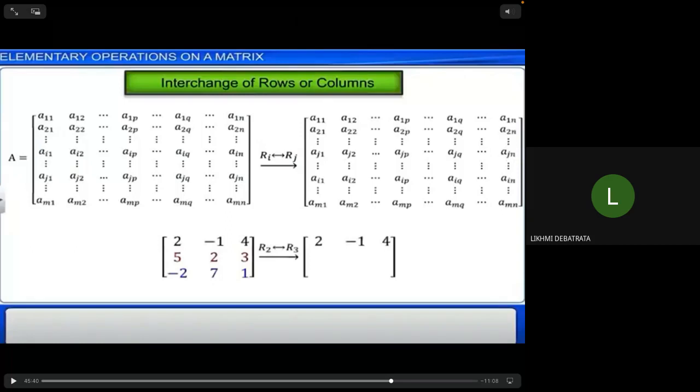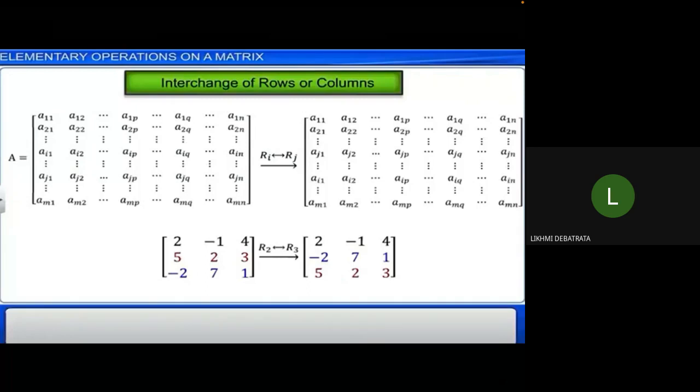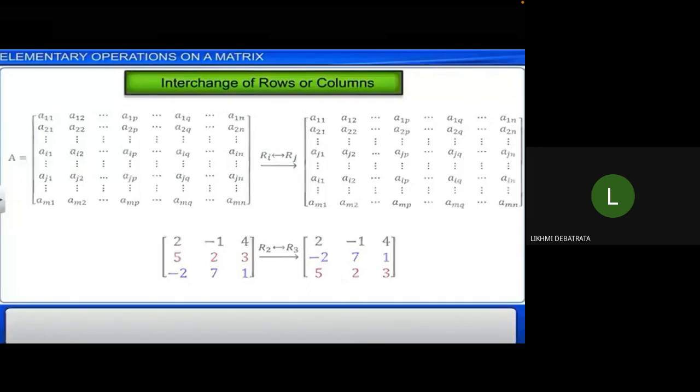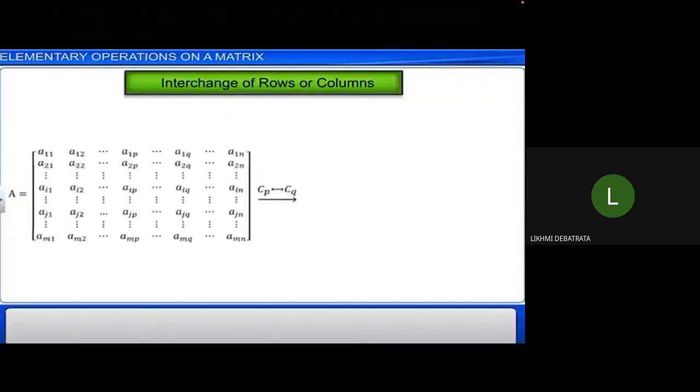The second row is 5 2 3, the third row is -2 7 1. These two are interchanged. So -2 7 1 will come to the second row and 5 2 3 will go to the third row. So this operation is called interchanging the rows.